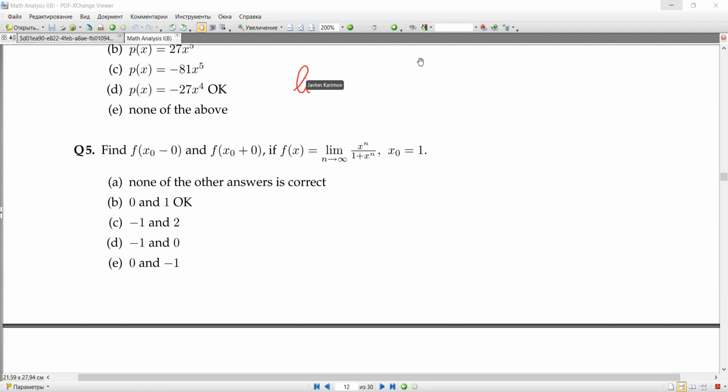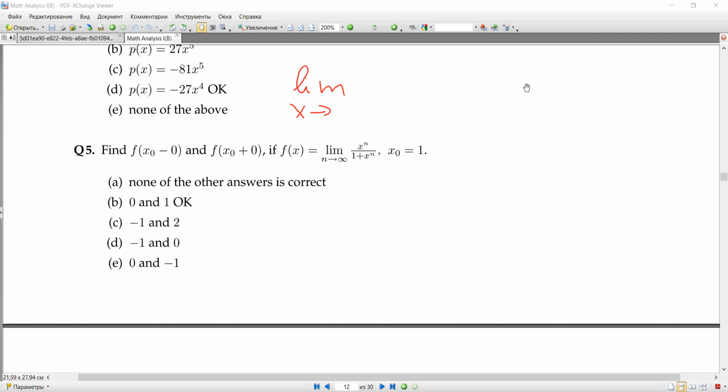Limit as x tends to, just a second, first of all, of course, you need to consider here the limit. In this case, I mean, here 1 minus 0 and 1 plus 0, we need to consider.